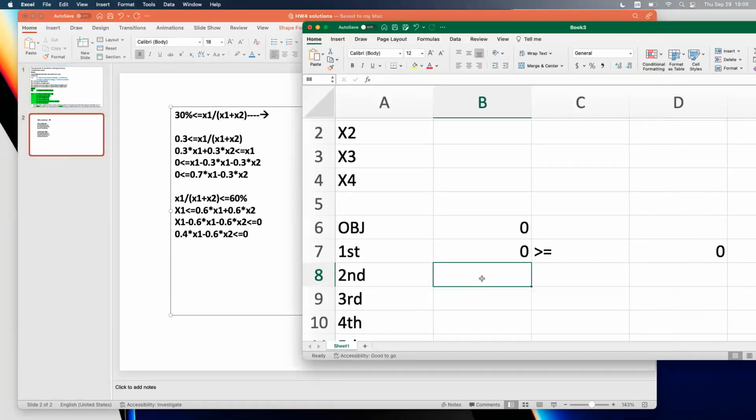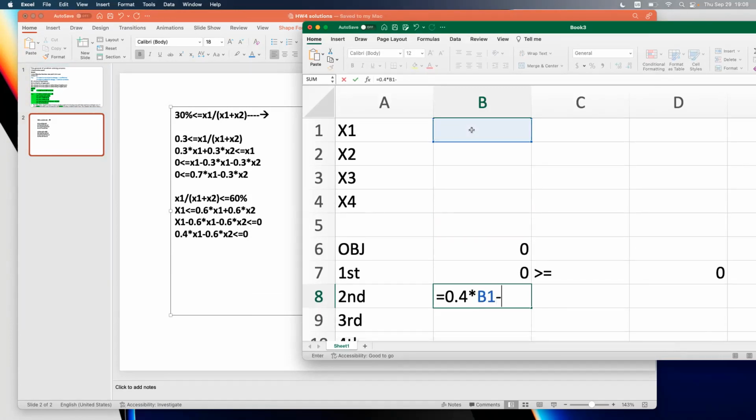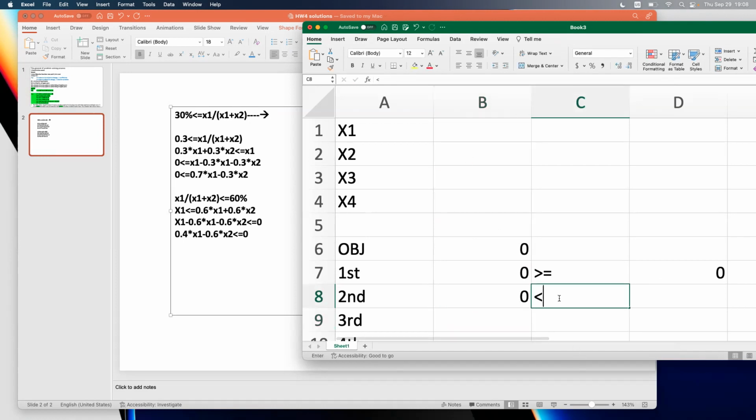So we put that formula as our second constraint. So 0.4 times x1 minus 0.6 times x2. So this value should be less than or equal to 0.